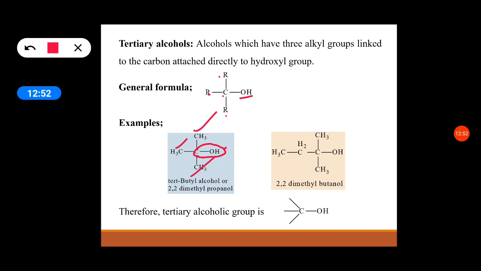So it is tertiary alcohol, tertiary butyl alcohol, or 2,2-dimethyl propanol, 2,2-dimethyl butanol. This carbon is linked directly to adjacent three carbons. Therefore, for tertiary alcohols, the functional group should be COH. So this is the classification of monohydric alcohols as primary alcohols, secondary alcohols and tertiary alcohols.